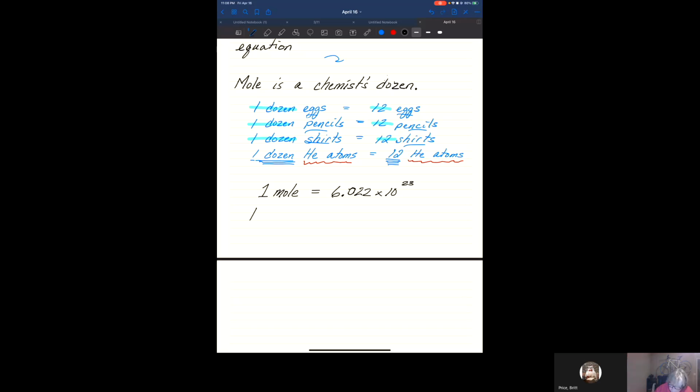If I have 1 mole of helium atoms, I would have 6.022 times 10 to the 23rd power helium atoms.